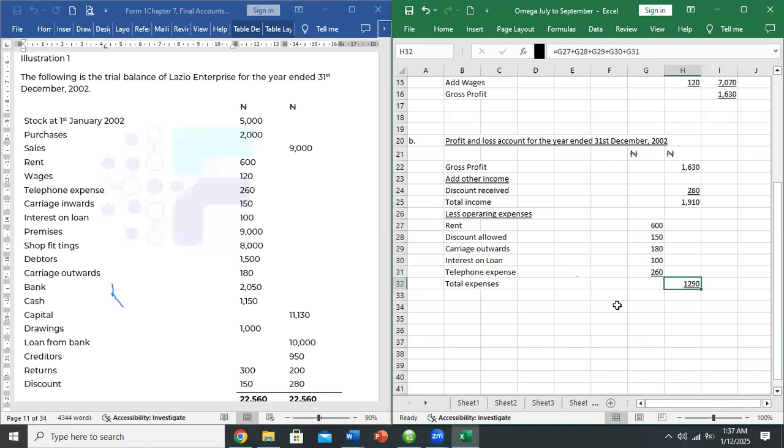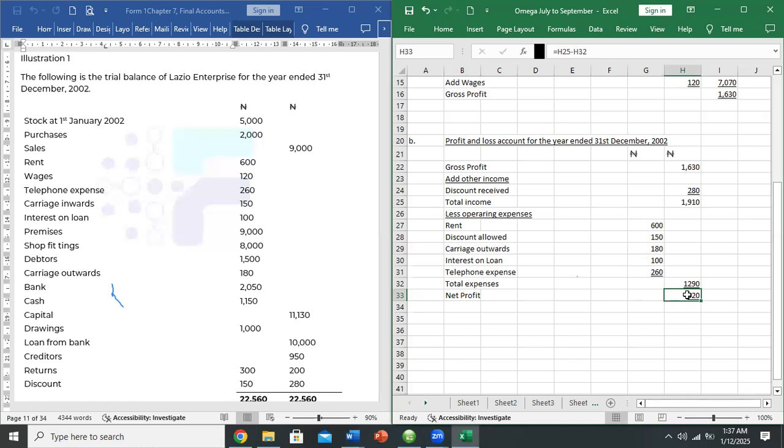We compare with the total income, and the difference will be a net profit or loss. In this case, it's a net profit because the income is greater than the expenses. So we get a net profit of 620, and that also ends your profit and loss account.